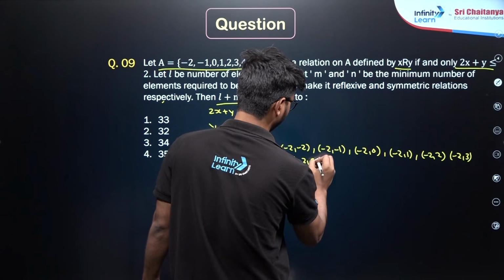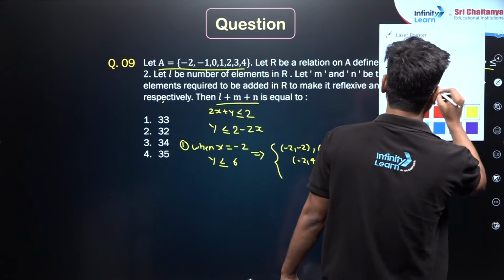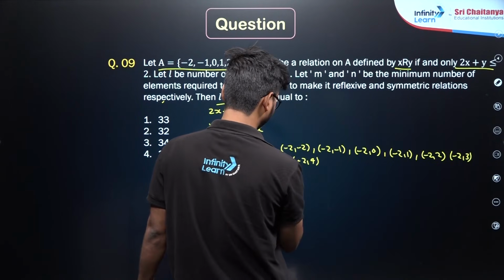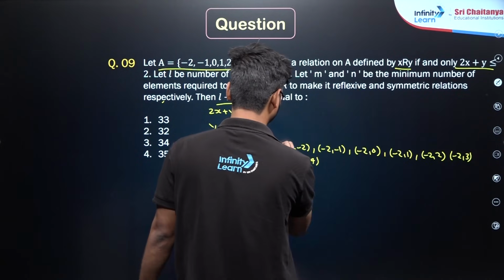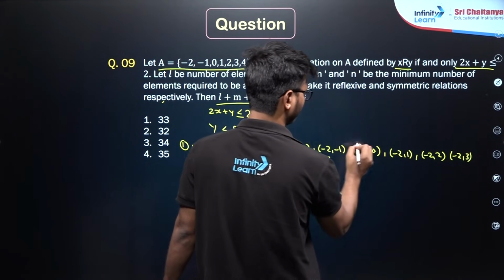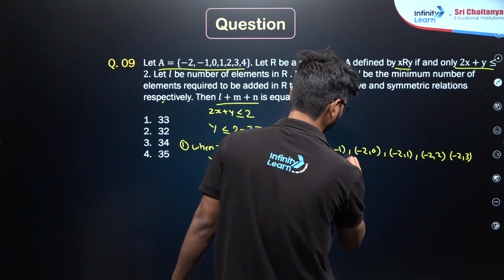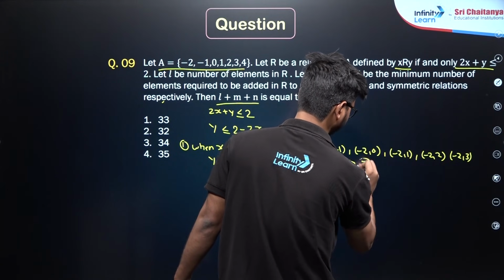So total how many elements am I getting? 1 2 3 4 5 6 7. So from here I am getting 7 elements.